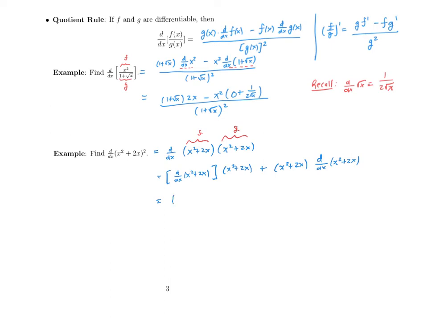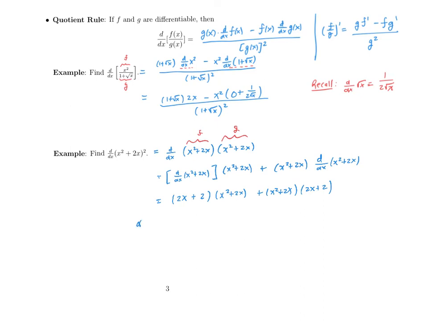So from left to right, the derivative of x squared is 2x, and the derivative of 2x is 2. Multiplied by x squared plus 2x, plus x squared plus 2x times 2x plus 2. And as mentioned before, leaving it in this form is most definitely okay.